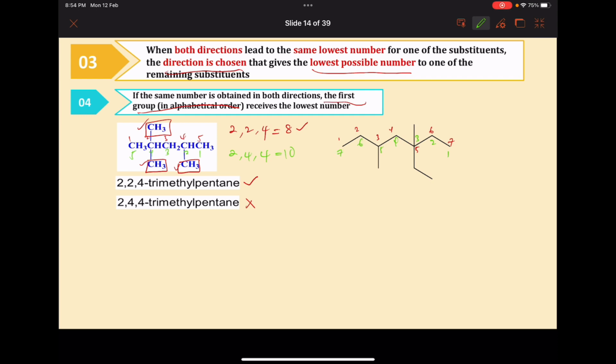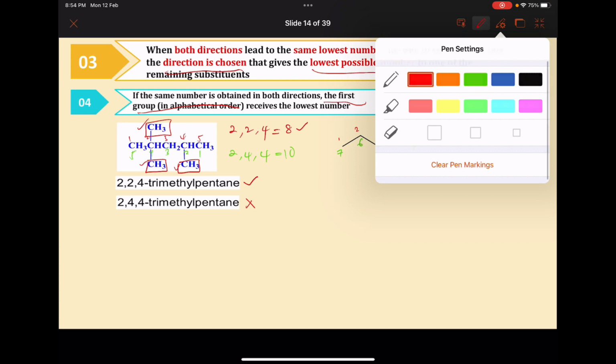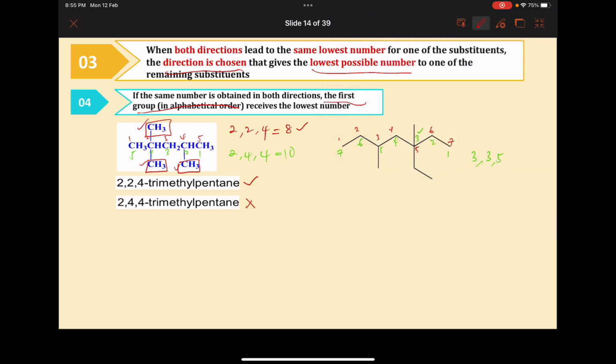So if you use the green route, the substituents attach at 3, 3, and 5. Meanwhile, if you use the red route, the substituents are attached at the third carbon and fifth carbon.